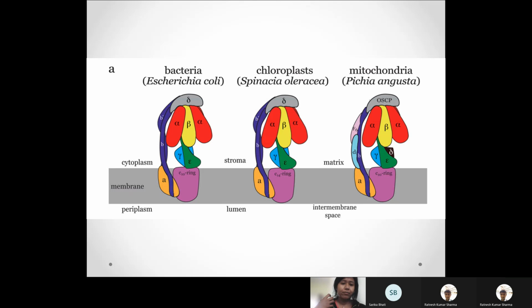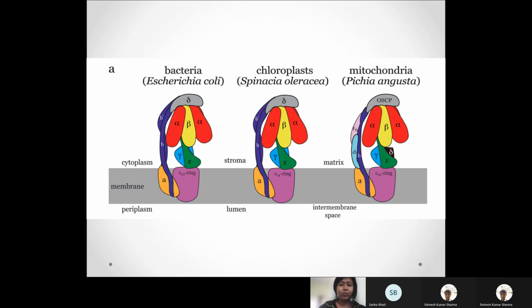If you take an ATP synthase in a bacteria, or in the mitochondria of higher eukaryotes, you see that they are very similar in their structure and also very similar in the proteins that constitute these macromolecular complexes.